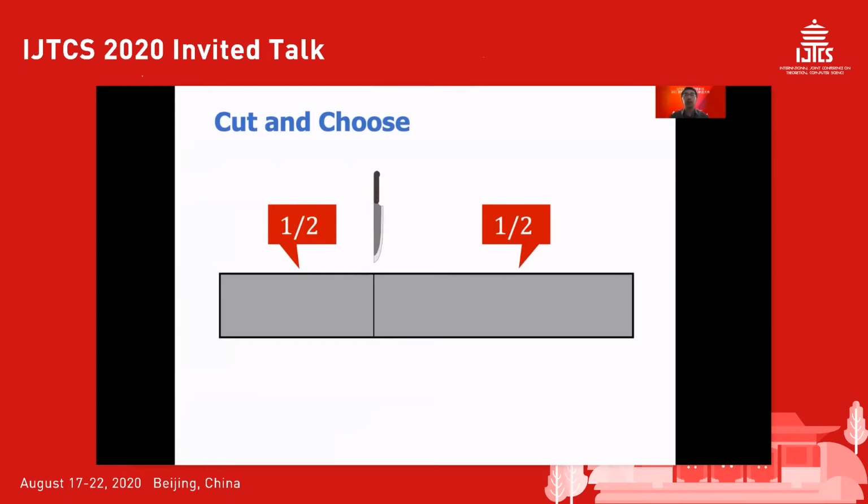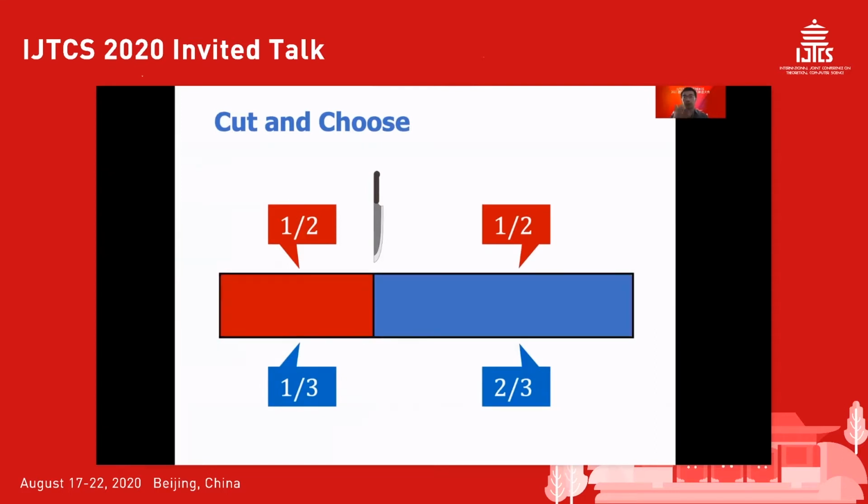And then we let the second player, the blue player, look at these two halves and pick his favorite half. In this example, the blue player thinks the second half is valued at 2/3, so he's going to pick the second half, and then the red player, the first player, is left with the first half. This is a very simple protocol for dividing a cake between two players, but it is also a fair protocol.